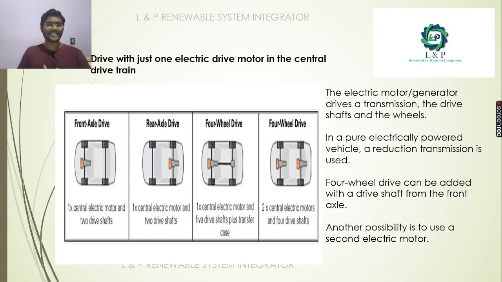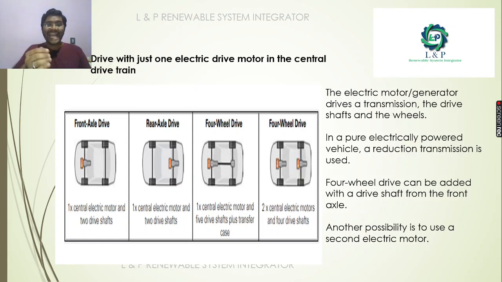How is it designed? Very simple. In the front axle drive, one central electric motor and two drive shafts will be there. This concept is used in most of the cars or four-wheelers that we are using. It will be present on the front side of the wheels.